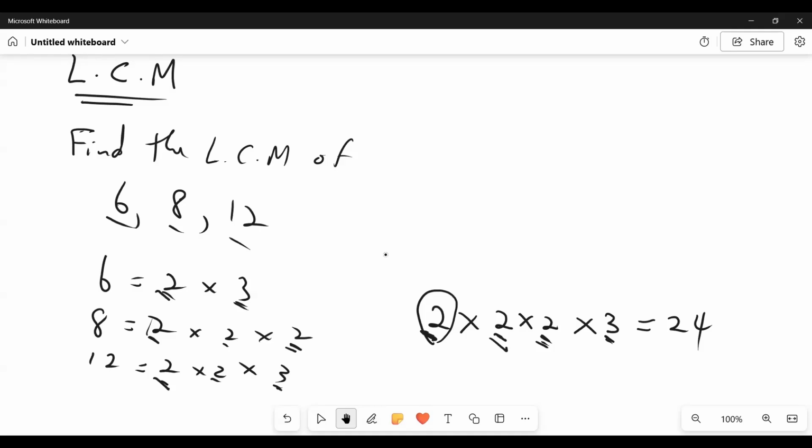So each factor that is common, right? It does not have to be common, but it's in the factorization. You have to represent it once, right? Just ensure that each factor that is in the prime factorization is represented once.